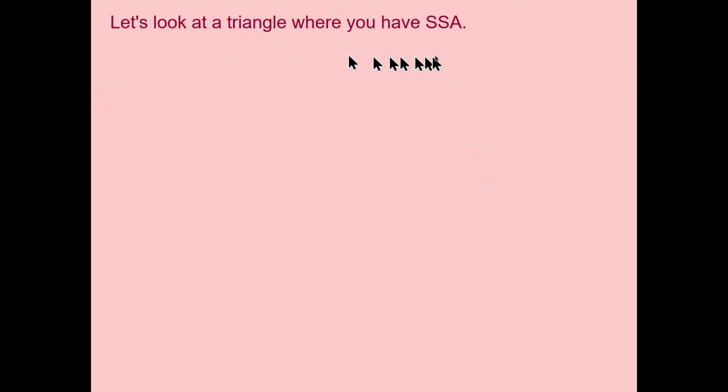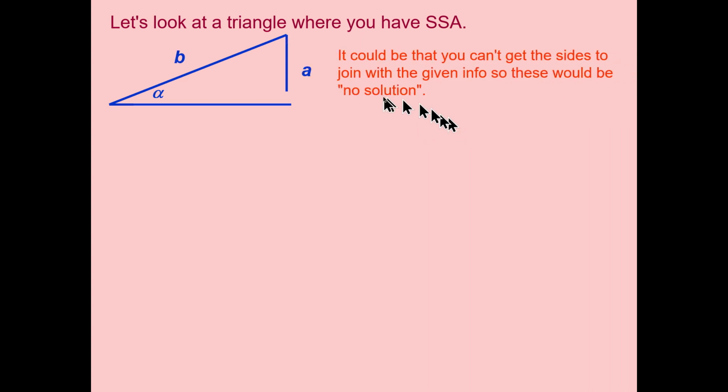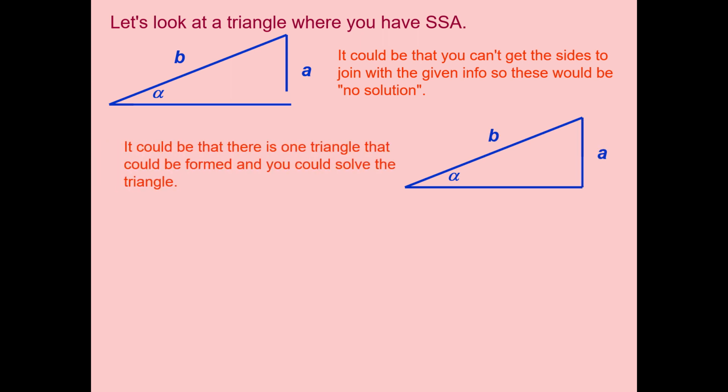Now let's look at a triangle where you have side, side, angle. You can have possibilities here. It could be that you can't get all the sides to join with the given information, so there will be no solution. It could be there's only one triangle that could be formed, and you can solve for the triangle.